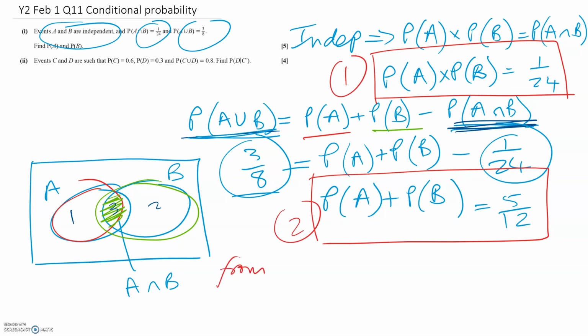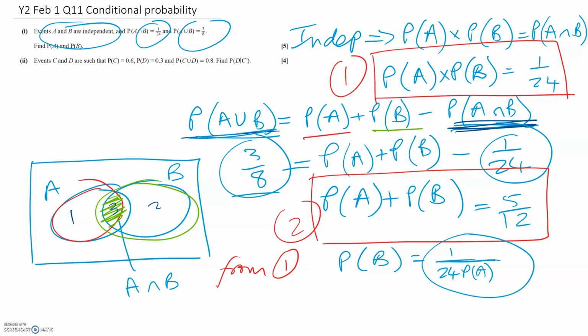From 1, we can rearrange to get the probability of B on its own, which would be 1 over 24 times by the probability of A. So that can now be substituted into here.